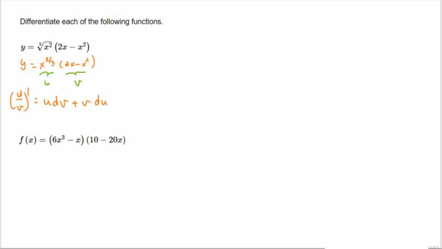Applying that, we can write y prime is equal to our u, x raised to 2/3, times the derivative of the second term, d over dx of 2x minus x squared, plus the second term, 2x minus x squared, times the derivative of the first term, which is x raised to 2/3.